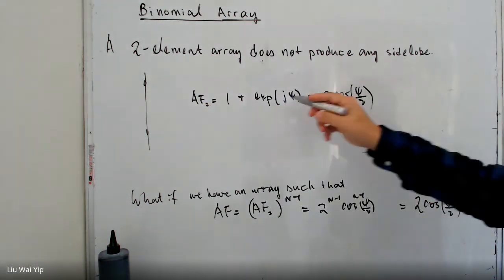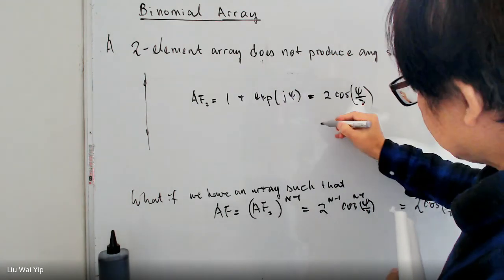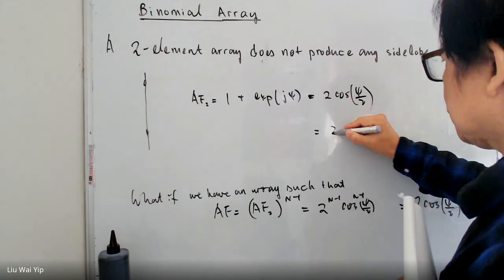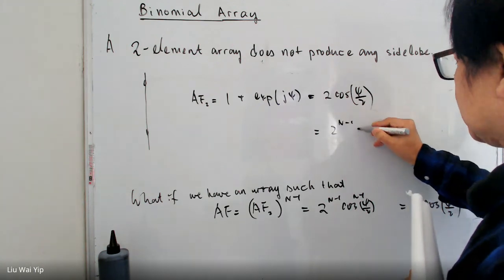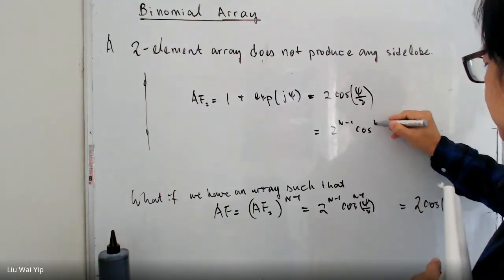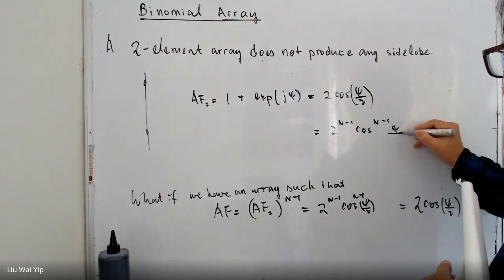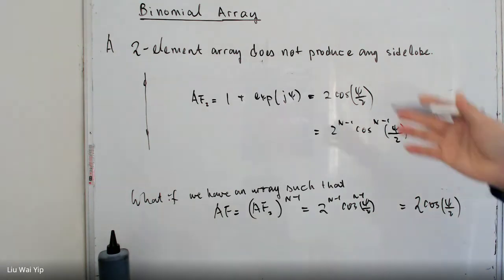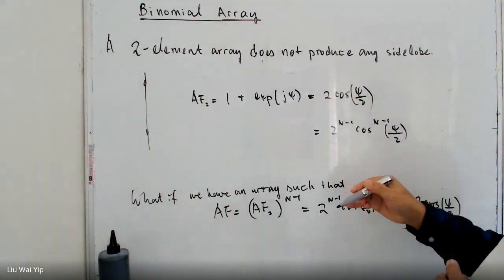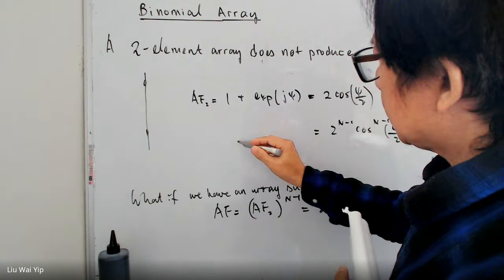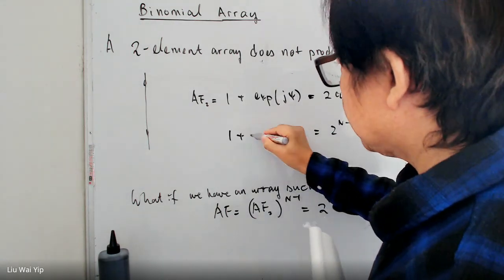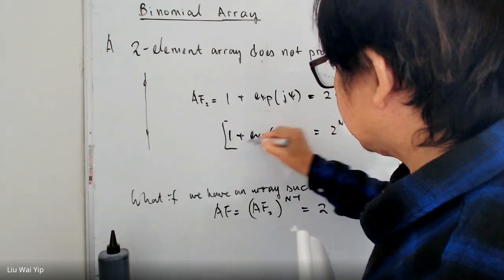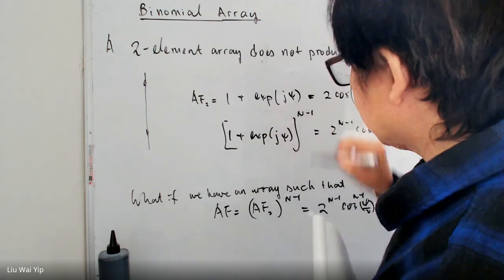So what do we get? On the right-hand side of this equation, we have 2 to the n minus 1, cosine to the n minus 1 of psi divided by 2. And how about the left side of the equation? The left side of the equation is going to be this one, to the n minus 1.